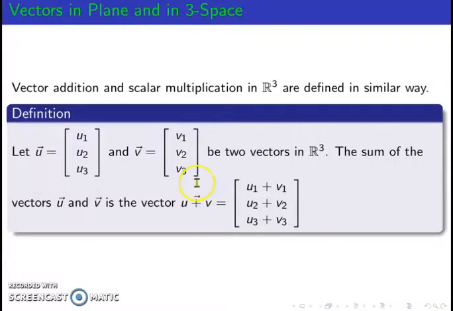For the definition, we consider vector u and vector v to be two vectors in R cubed. Then the sum of these two vectors is the vector denoted by u plus v. That is just the sum of the corresponding components of the two vectors.